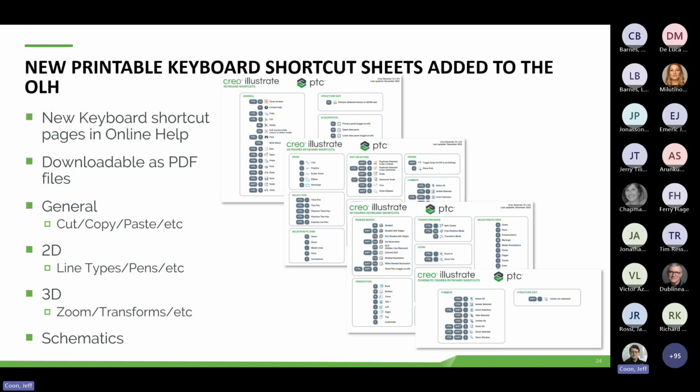So just a little nice to have if you're curious about what all the keyboard shortcuts are. We did have the lists there before, but now there's a nice little printable PDF that you can download and print out if you want to keep it next to your computer to learn what all the keyboard shortcuts are.